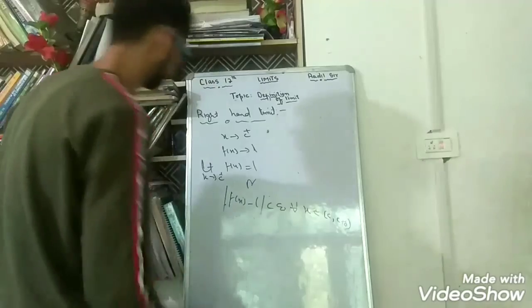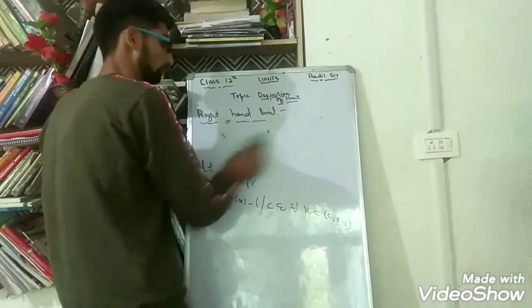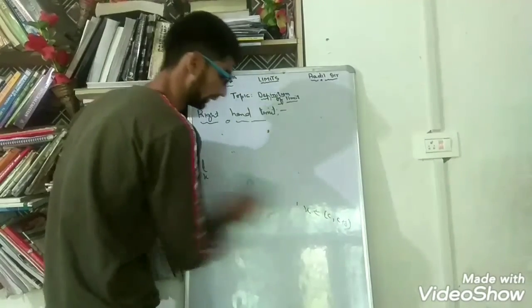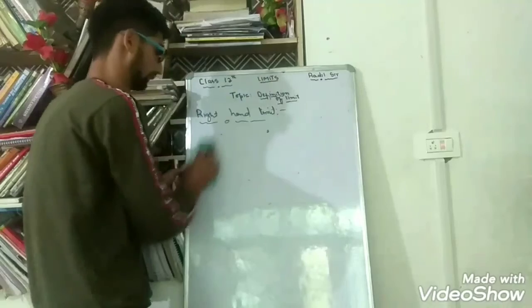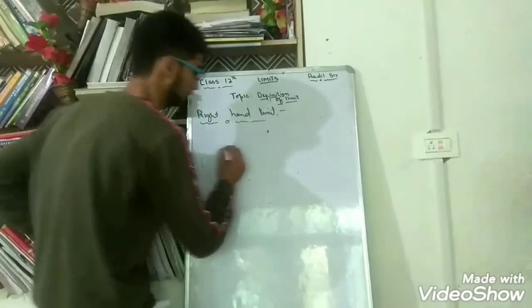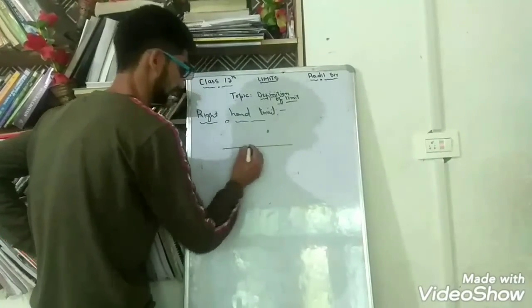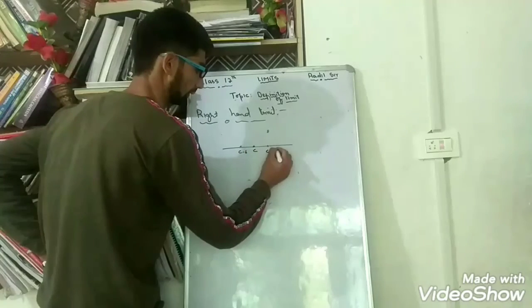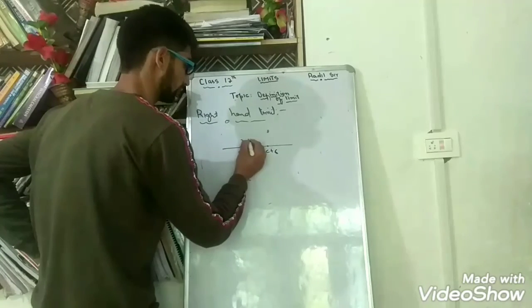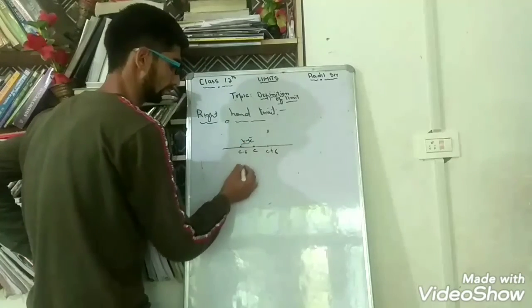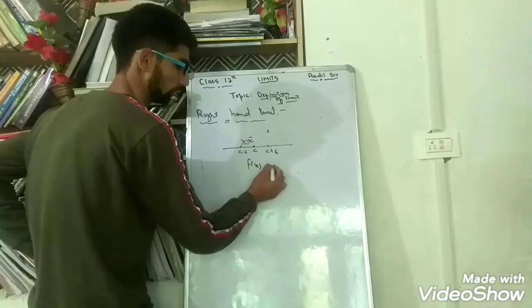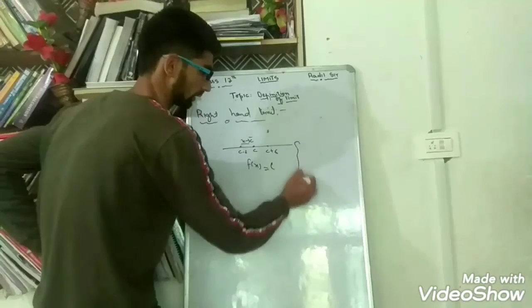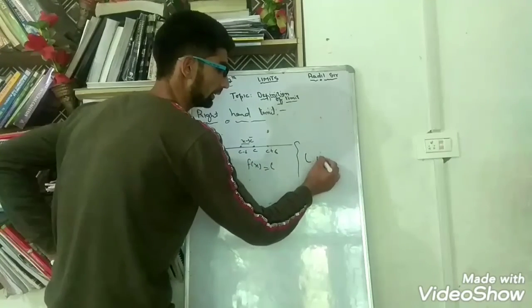So this is it, and for your ease, beta: if we have c minus delta and c plus delta, and x tends to c negative, then f of x is equal to L. This is called the left hand limit.